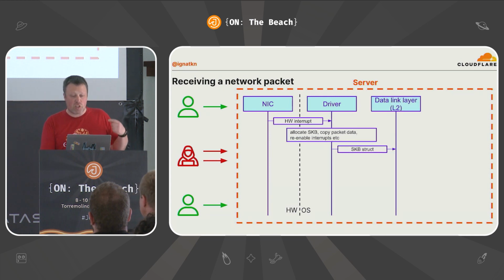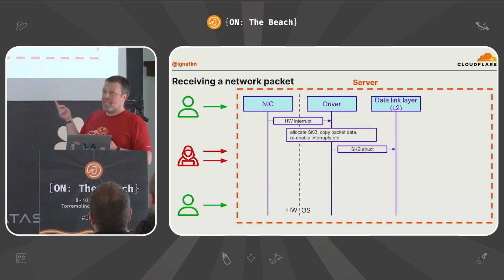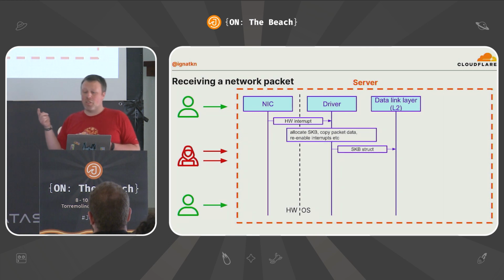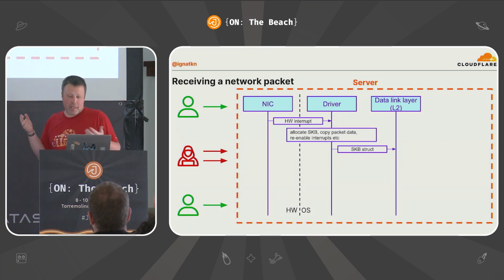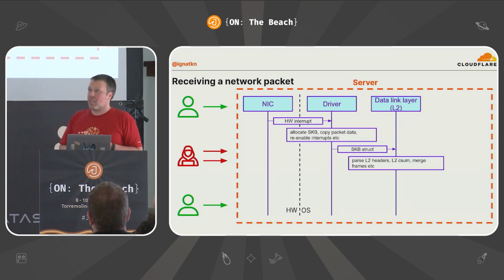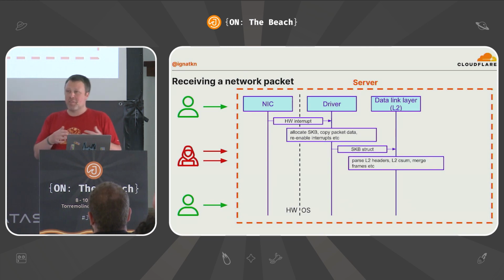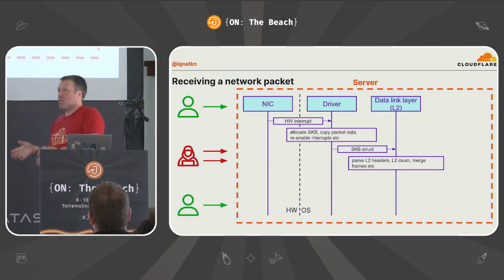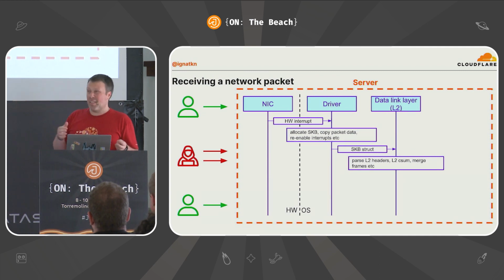Then what happens next? The driver notifies the data link layer, the layer 2 implementation in the operating system, that I have a new packet, and passes the skb structure there. The data link layer parses the packet, so it parses layer 2 headers and the checksum. It can sometimes merge frames for better efficiency.